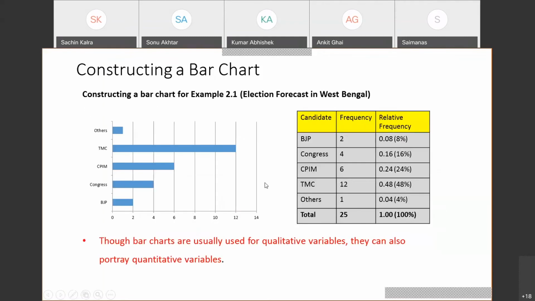So right here, this bar chart we can see is a horizontal bar chart. Its axes have been flipped. It will not make any difference whether you take this axis here or there. It's one and the same information. It's only for the purpose of fitting it in the report and making it more presentable and complete.